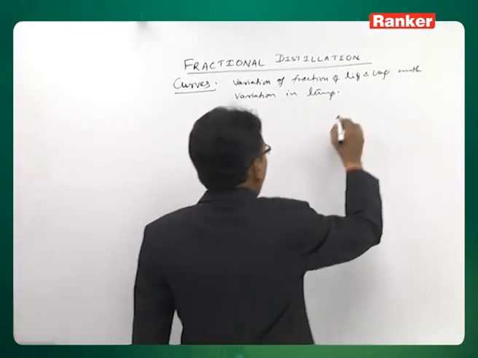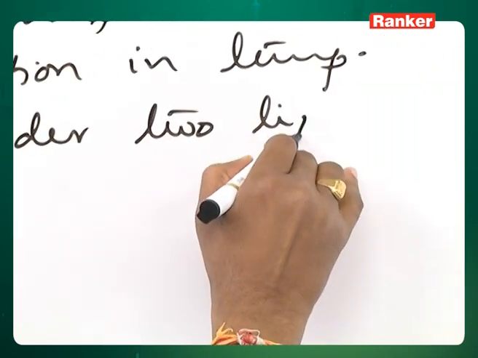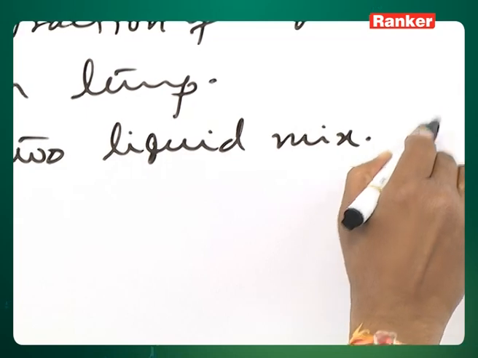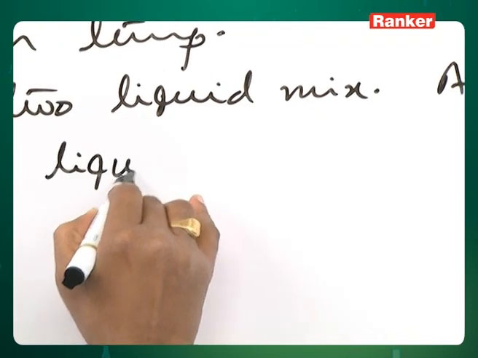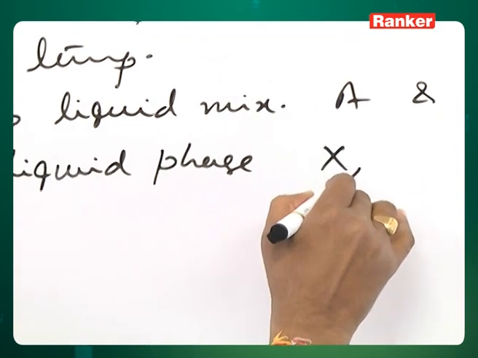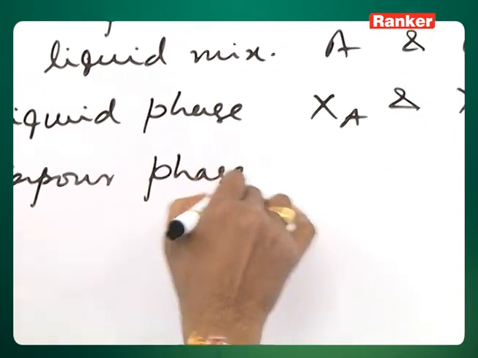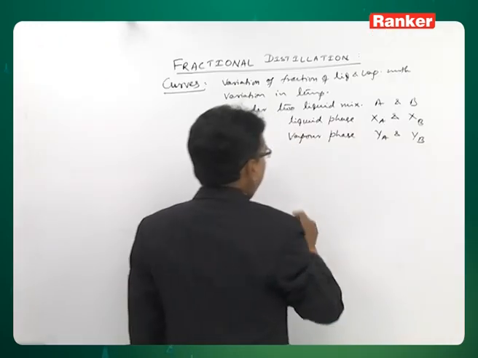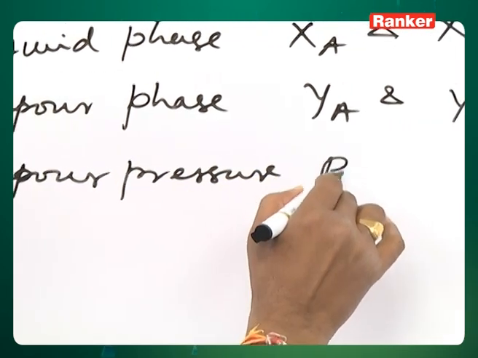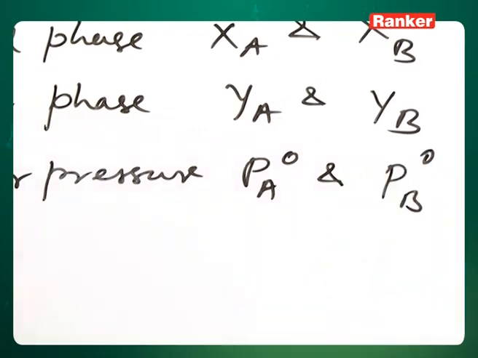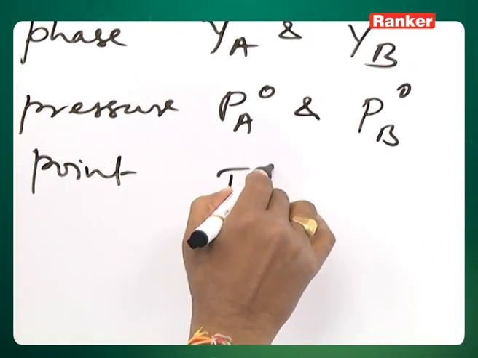Now, again consider a two-liquid mixture A and B with liquid phase composition Xa, Xb, vapor phase composition Ya, Yb, pure vapor pressures Pa naught and Pb naught, and boiling points Ta naught and Tb naught.